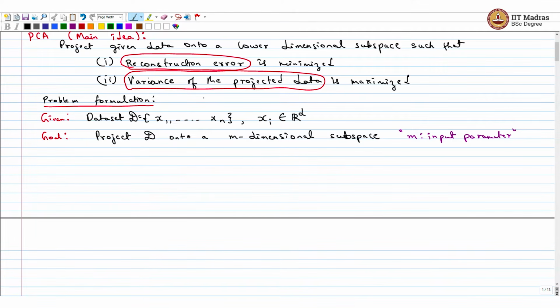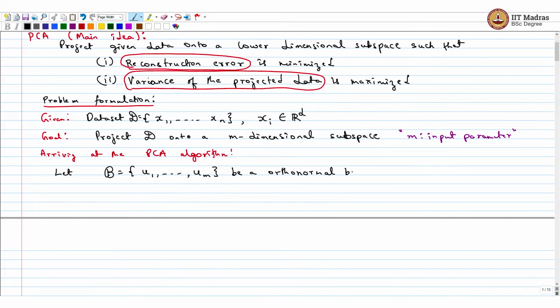Given this goal, let me say we are arriving at the PCA algorithm, or the build up to the PCA algorithm. So let B equals u1 until um be an orthonormal basis for an m-dimensional subspace.